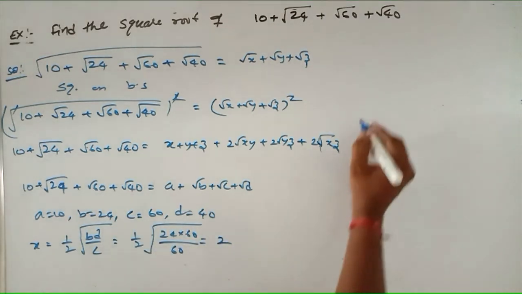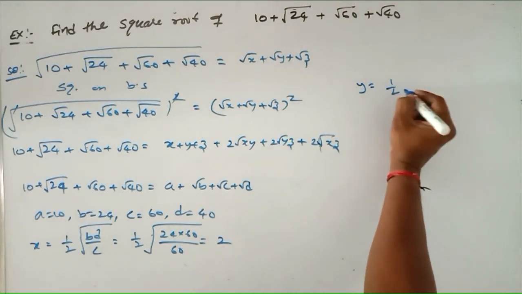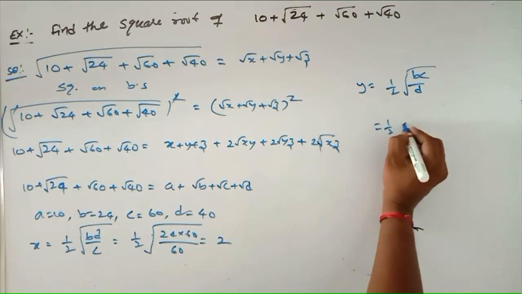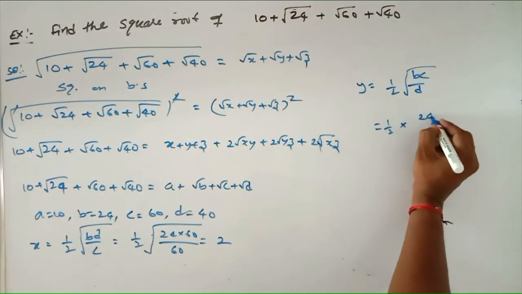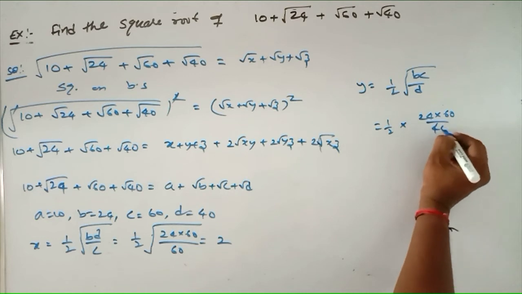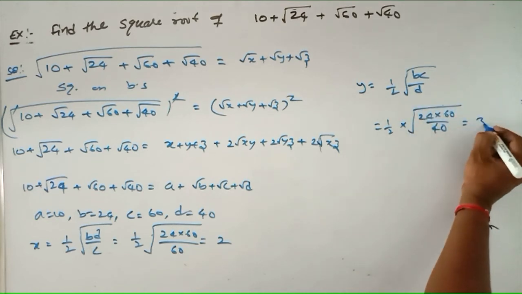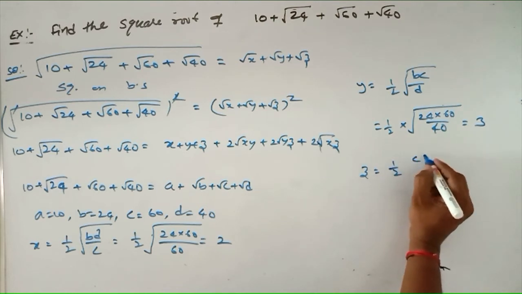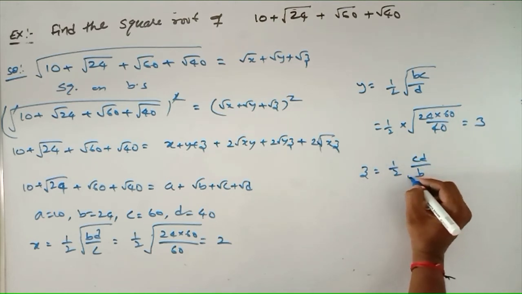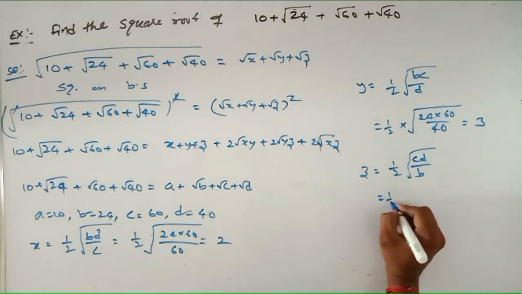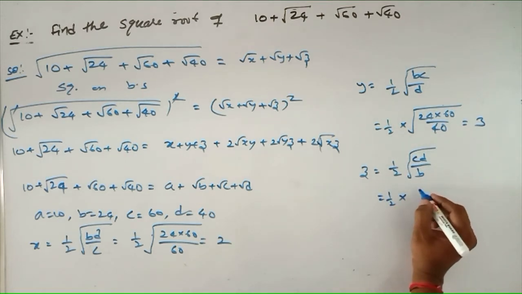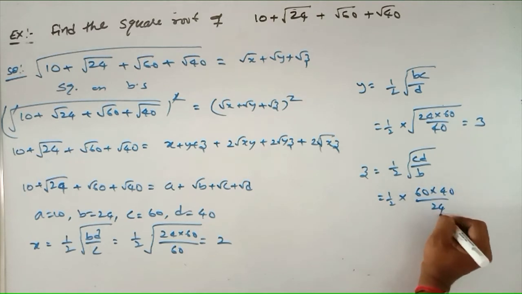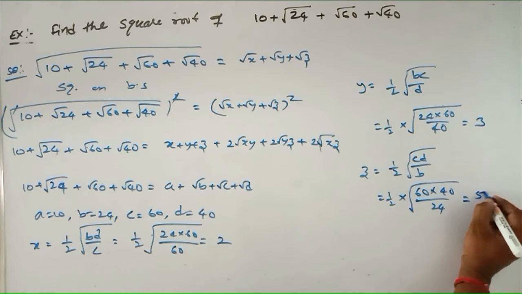And in the same way y is equal to 1 by 2 into under root of bc by d, that's equal to 1 by 2 into 24 into 60 by 40. So after simplification I will get the value 3, and z is equal to 1 by 2 into cd by b under root, that's equal to 1 by 2 into 60 into 40 by 24 under root is equal to 5.